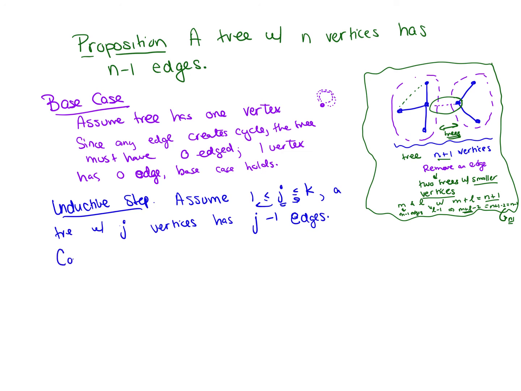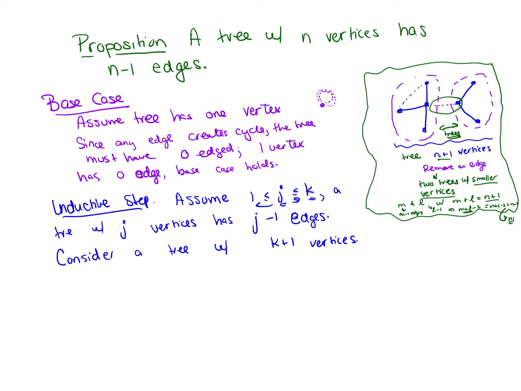So now I can consider a tree with k plus 1 vertices. So I don't know anything about that yet because my assumption only goes up to k vertices. What am I going to do with this tree?